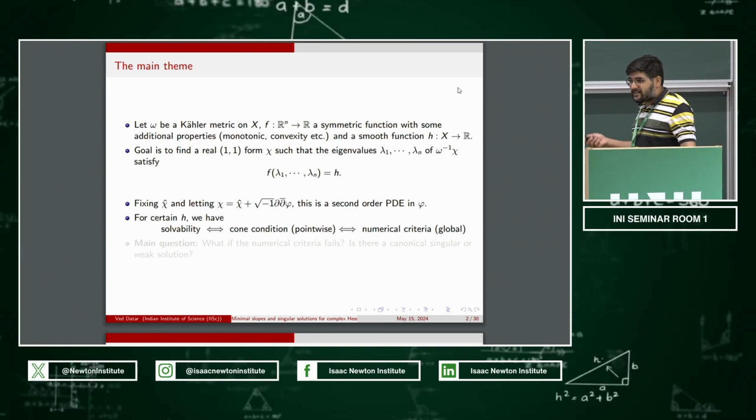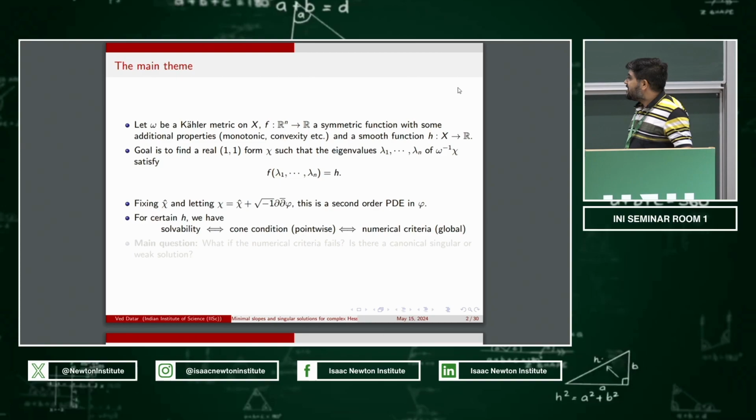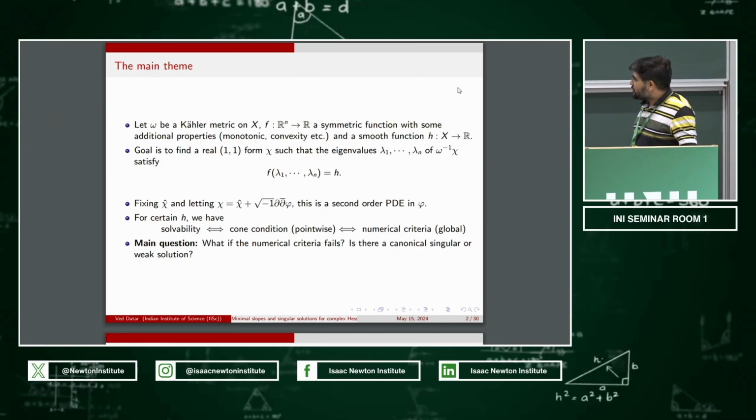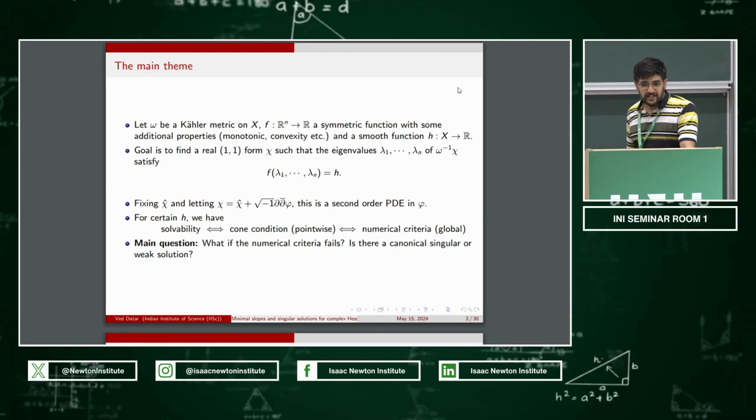And it turns out that typically these numerical criteria are actually enough to guarantee solvability. So the main question I would like to address today is, what if the numerical criteria fails? Do you still have a canonical solution, which of course can no longer be smooth, so a canonical weak singular solution?